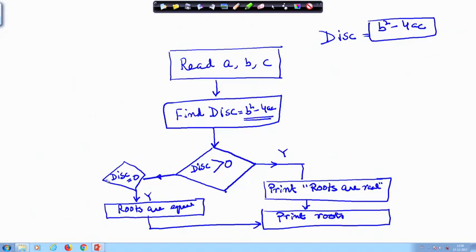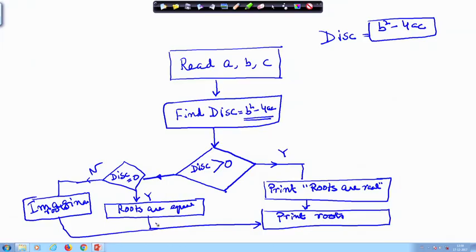If this is no, then obviously I will print imaginary roots, and then I will go and print the roots. That is the flow chart of the whole thing. So, I am computing this value, and based on that I am finding the roots. Now, if the flow chart is clear to you, let us proceed to write the program for this.